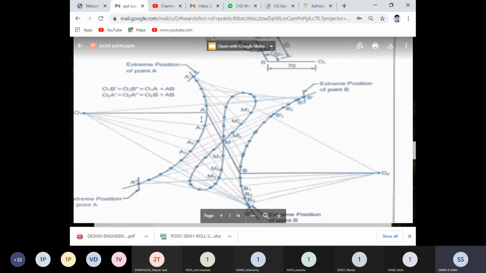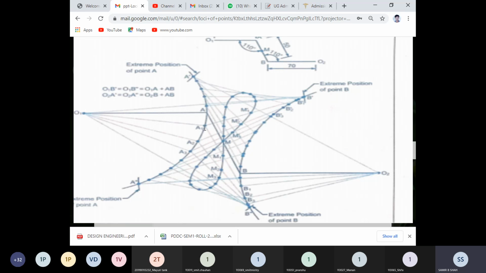So there is one area. In that area, I can mention randomly 3 points, A1, A2 and A3.